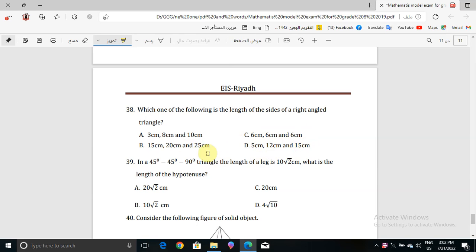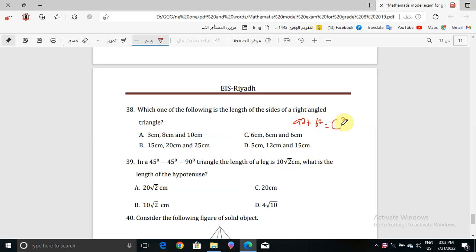Now first of all, let's start with A, which is 3 cm, 8 cm, and 10 cm. By the theorem we know that A squared plus B squared is equal to C squared, right?